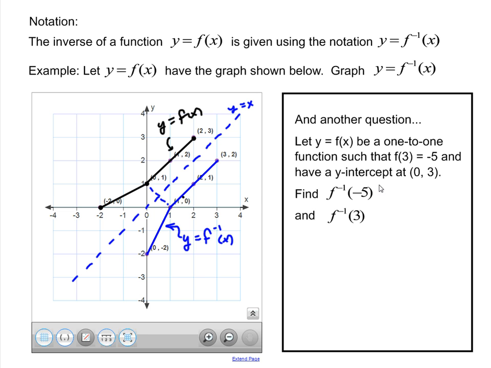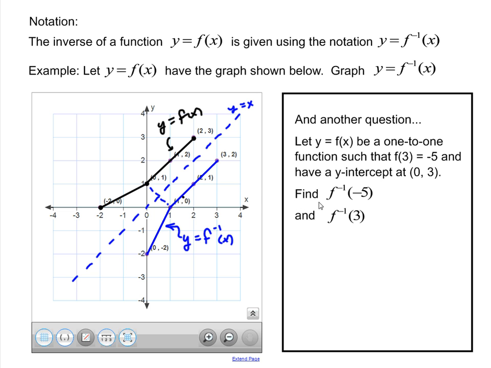So here's another quick question right here. Let's say that y equals f of x is a one-to-one function, and we find that f of 3 equals negative 5. Well, we should say that this function will have an inverse, first of all, because it's one-to-one.